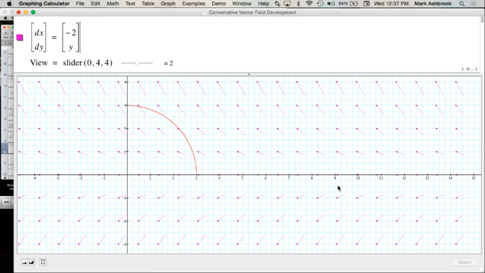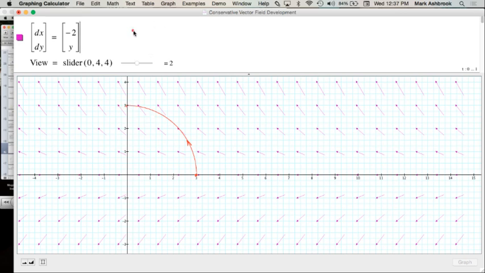This is the path in the first quadrant around a circle with radius 3. We're going to start here and end here.